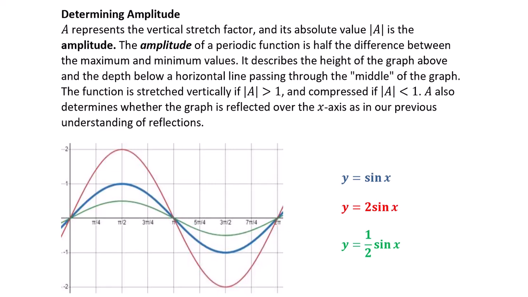The green graph is representing y equals 1/2 sine x, and it's half as tall and half as deep as the standard blue graph y equals sine of x. So the amplitude of the red graph is 2, and the amplitude of the green graph is 1/2.